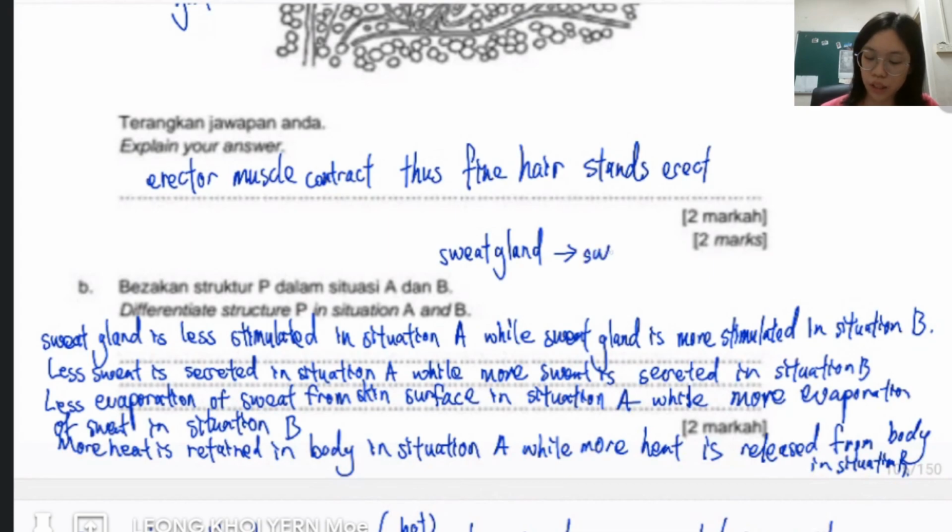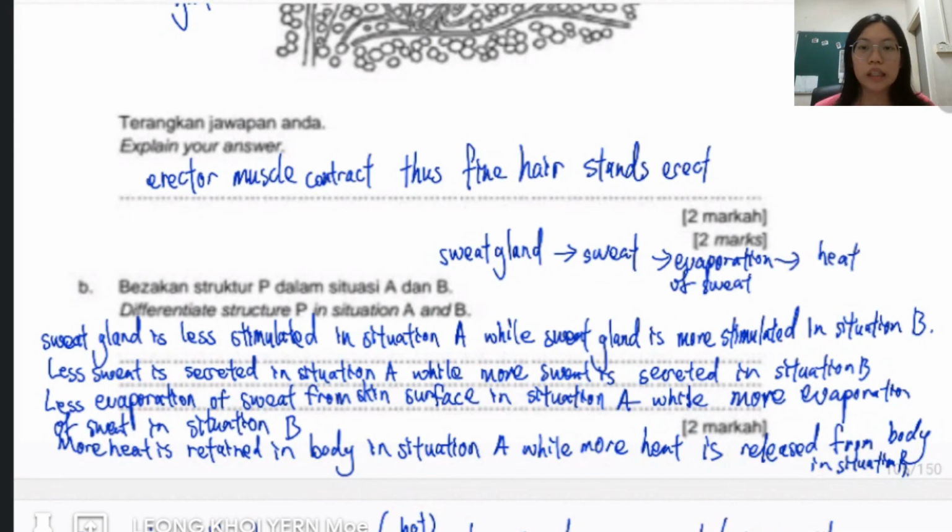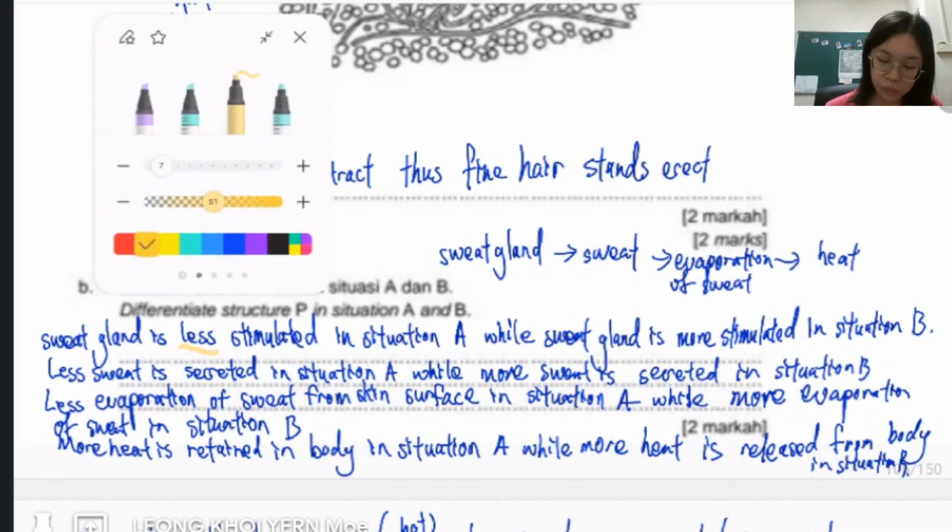So you talk about the production of the sweat. If you want to further elaborate, you can elaborate on the evaporation of the sweat. Then you can talk about what happens to the heat. Is it released or is it retained in the body? But this one only consists of 2 points, 2 marks. So you just mention 2 points right here lah. One is less stimulated and another one is more stimulated.